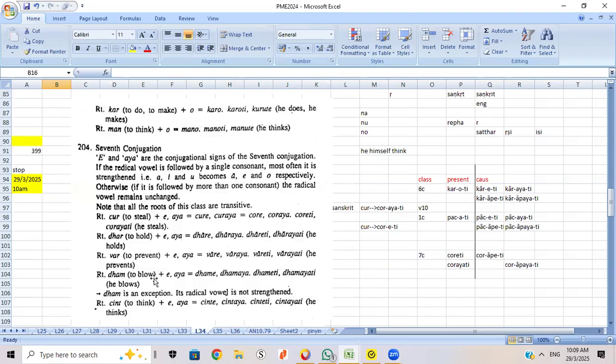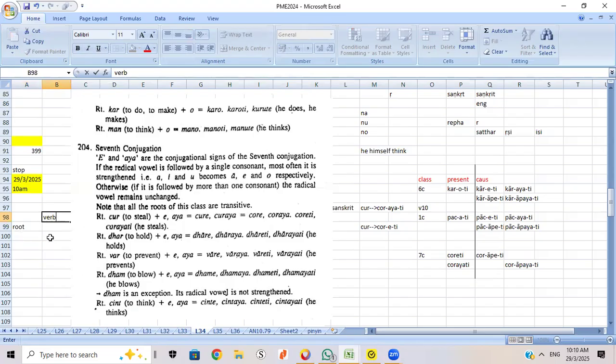Why do we study conjugation? Conjugation exists because Pali has roots. A root will form a verb, and they form a verb through the seven conjugations, so it is called conjugation.